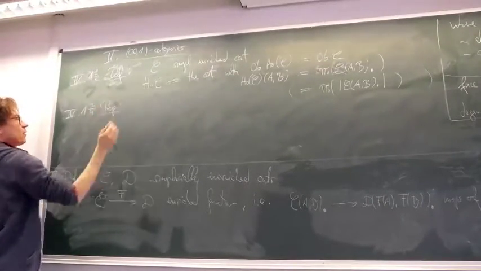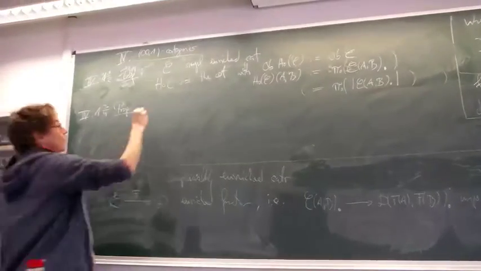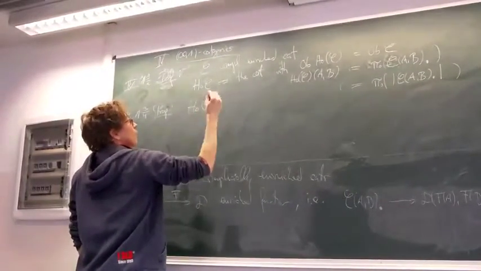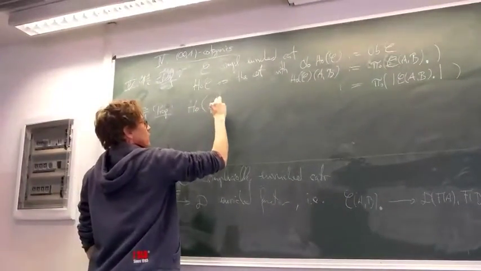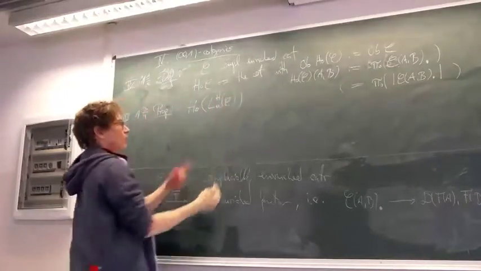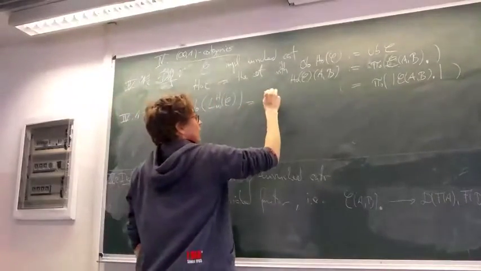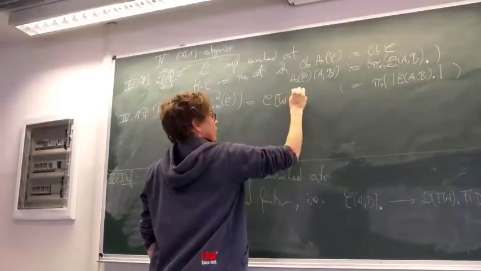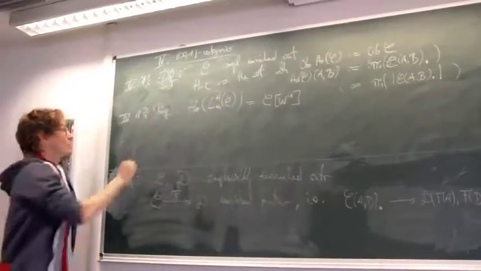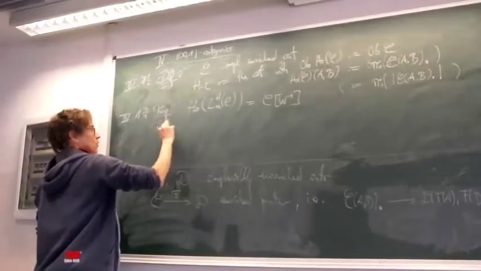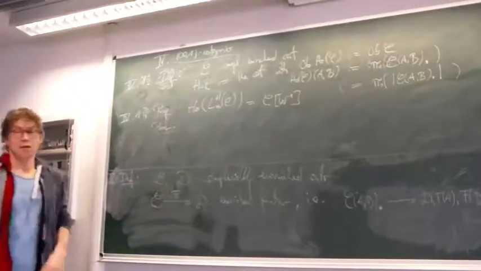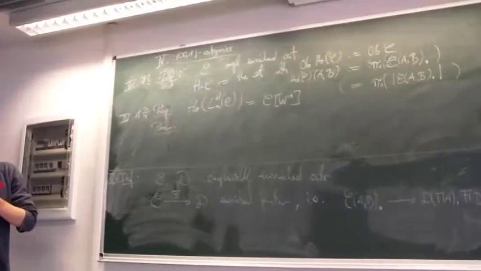And then I have the following fact: the homotopy category of the Hammock localization of some category C with morphisms W is the localization in the usual sense. Proof?